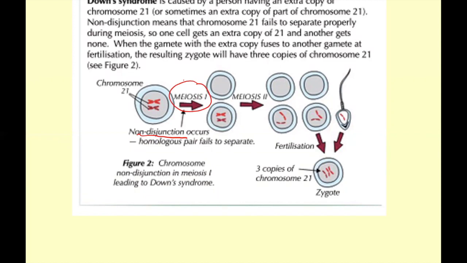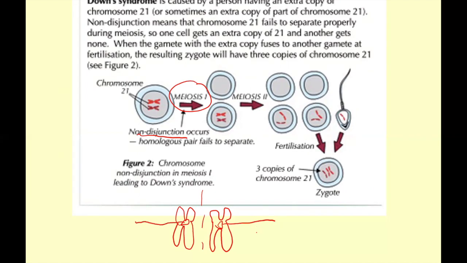Okay, so let's remind ourselves of meiosis 1. What should happen in meiosis 1 is the homologous chromosomes should line up, okay, and there are the centromeres, and the spindle fibers should attach to the centromeres.